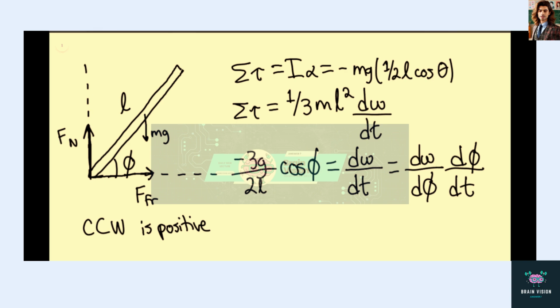So then we can rewrite this and say that negative 3g over 2L cosine of phi would then be equal to the derivative of the angular velocity with respect to phi times the angular velocity.